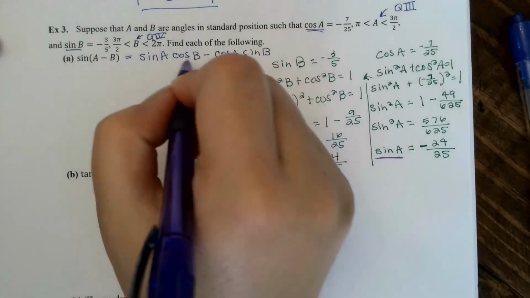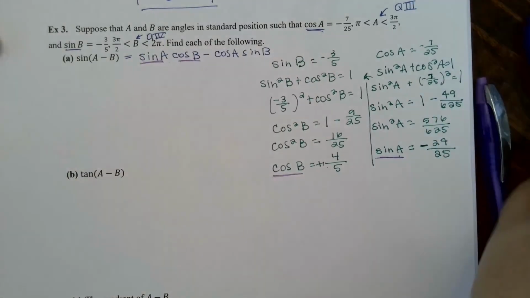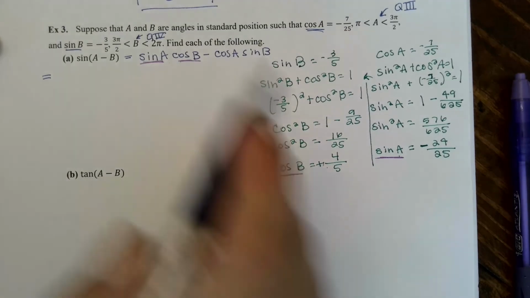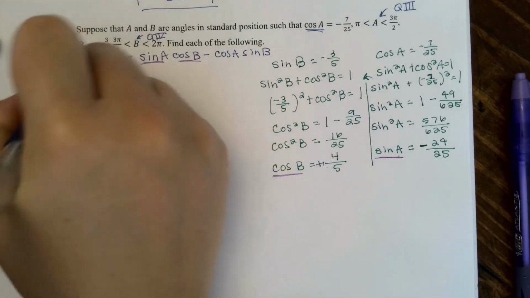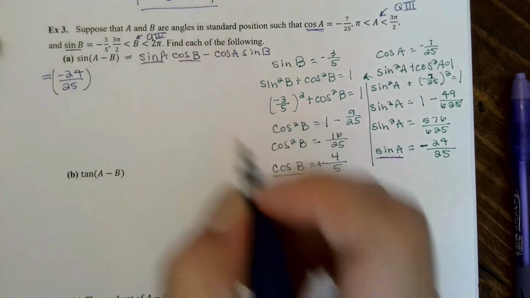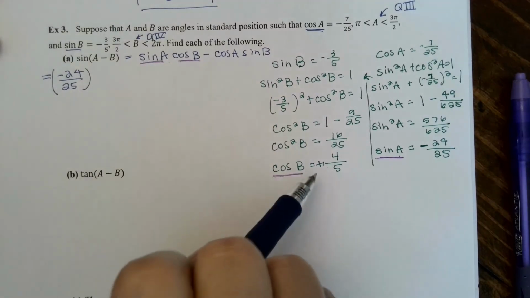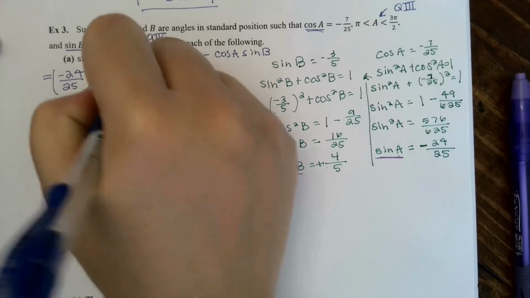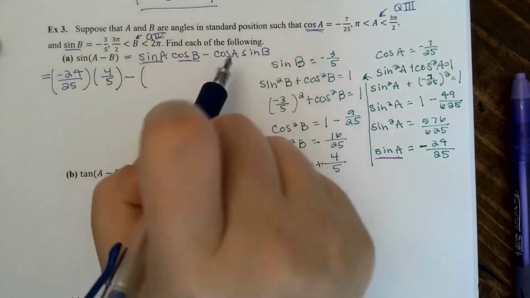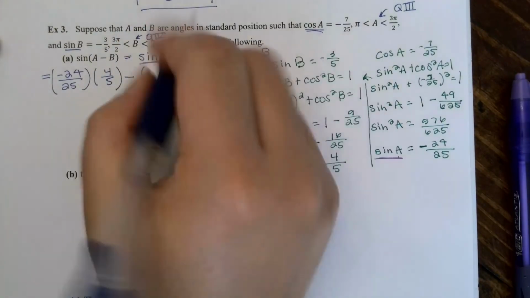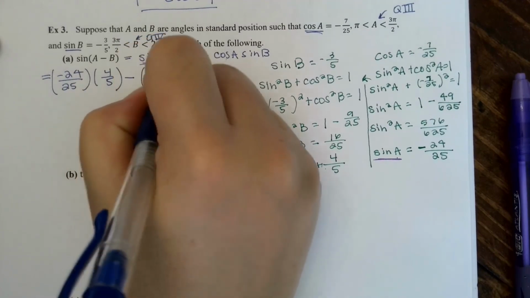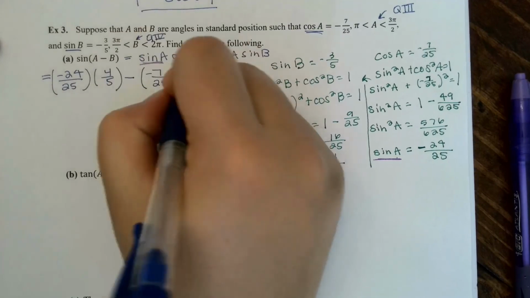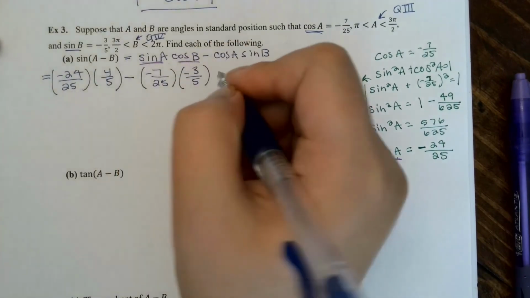Alright, so we are going to plug back in now. Sine A is -24/25. Cosine B is a positive 4/5. Cosine A is -7/25. And sine B is -3/5.